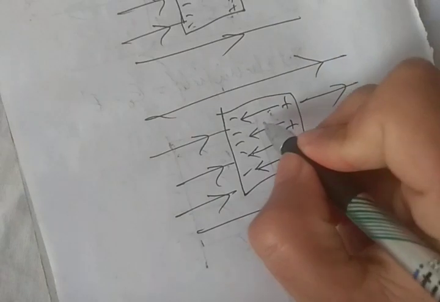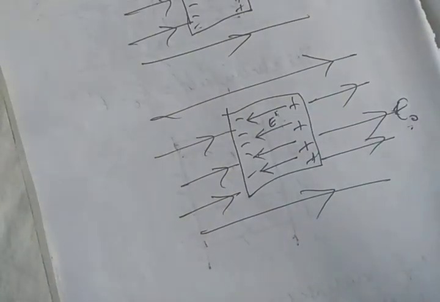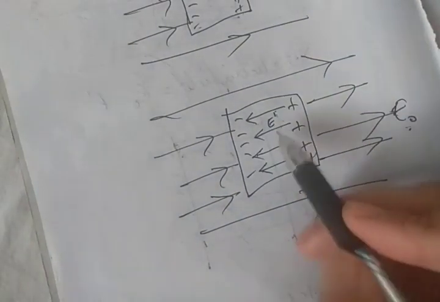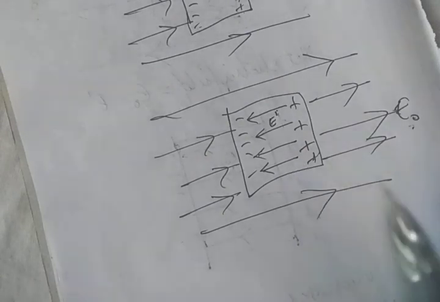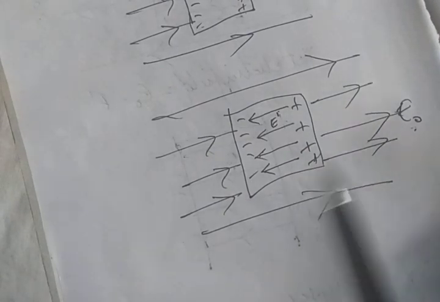That is called the electric field E dash. So E dash is the new electric field that is generated inside any dielectric substance when it is placed in an external electric field.